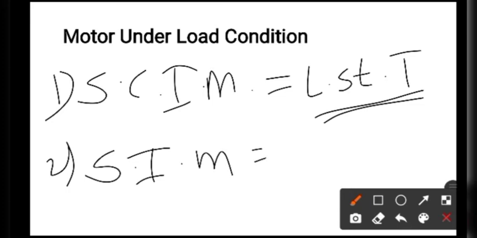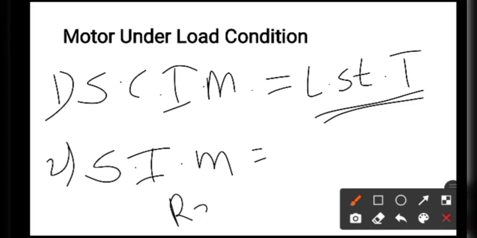In a slip ring induction motor, the rotor winding is connected to the slip rings, and through the brushes to external resistance. The external resistance is connected in star. Therefore we can vary the external resistance and change the torque of the induction motor. Here we can achieve the maximum torque condition.